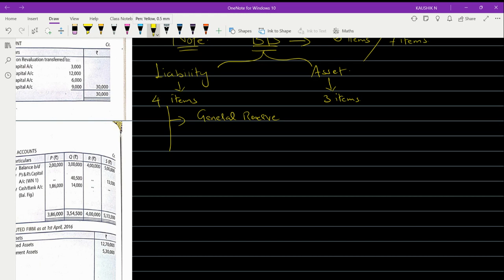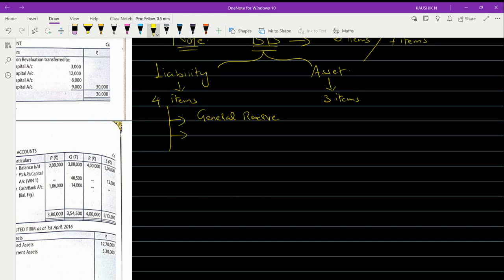Isn't it the accounting treatment of general reserve? So you should first check in the given balance sheet whether you have general reserve and any additional information pertaining to general reserve. If there is, then do the corrective action for it and then proceed to the next item.